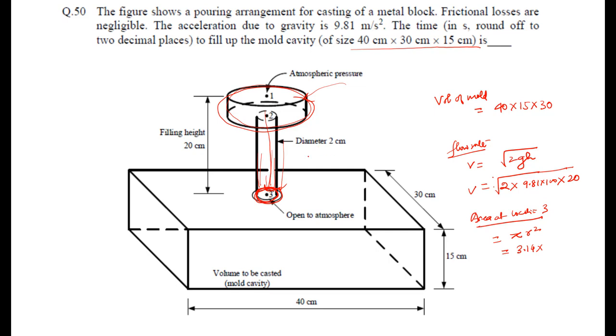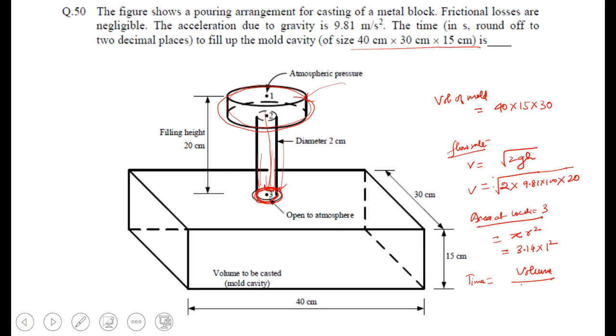It has got the diameter of 2 centimeter. So radius will be how much? 1 centimeter. So 1. Okay, fine. So 1 square. So the time taken equal to the total volume to be filled divided by the volume flow rate. Okay.